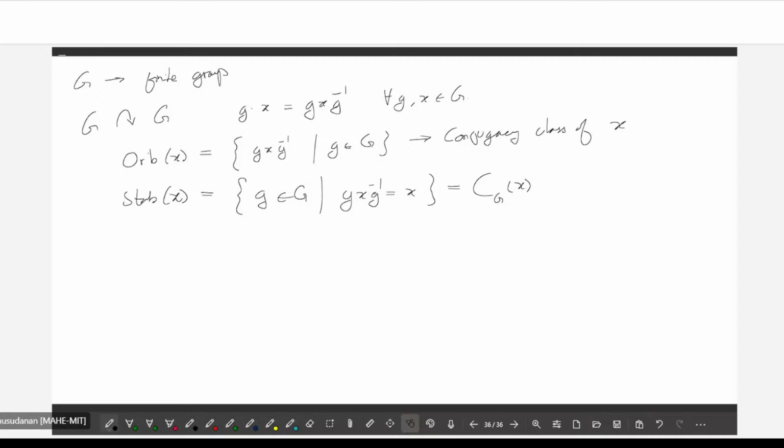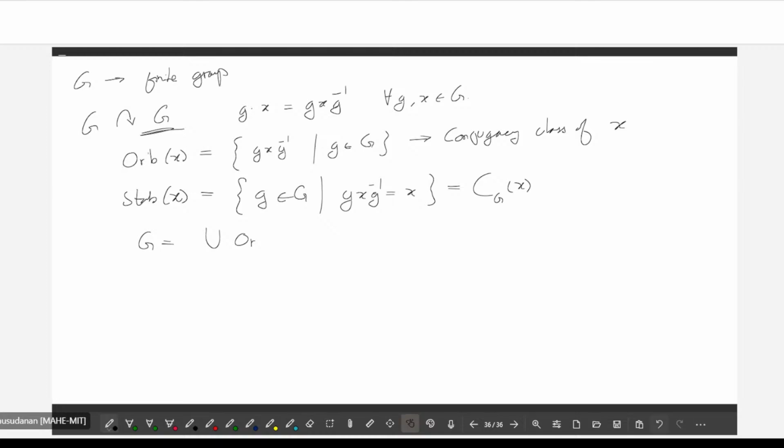Now again, we know that the group G is partitioned into its orbits, right? So G is a union of conjugacy classes.